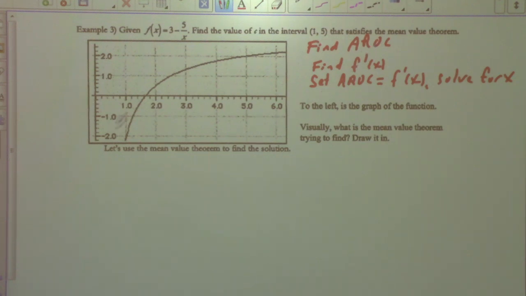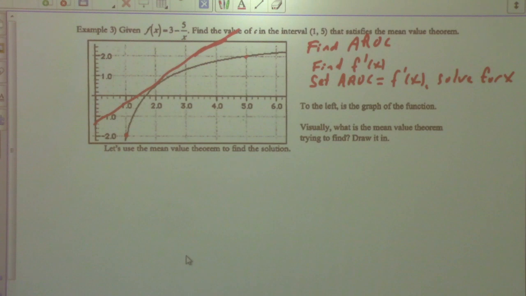It says between 1 and 5. So here we are between 1 and 5. What does that look like? Yeah, that's about as accurate as we get. What are we looking for? Where does that look like it's going to be about the same? Right after 2, right about 2.